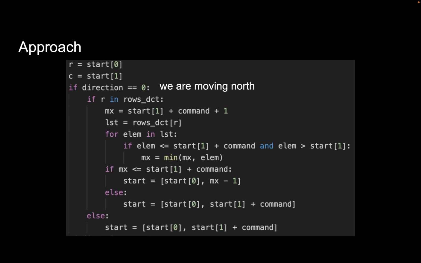So here is the approach. I will show you how it works for one direction, and we can see how it works for other directions as well. If the direction is 0, which means we are moving north, we check for obstacles in the current vertical column. We can do that with a lookup in the dictionary, which is an O(1) operation.